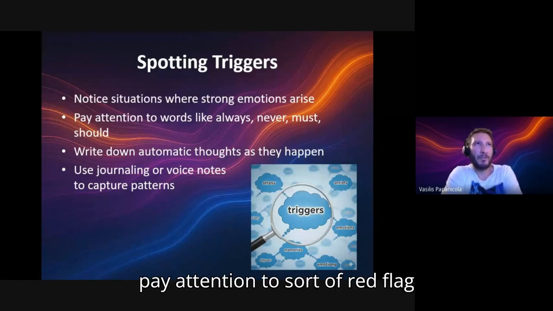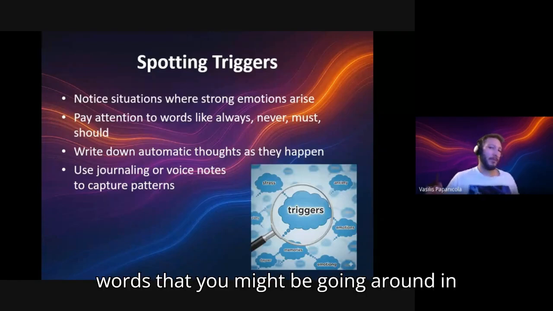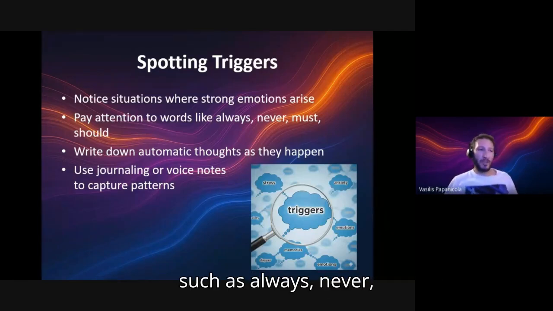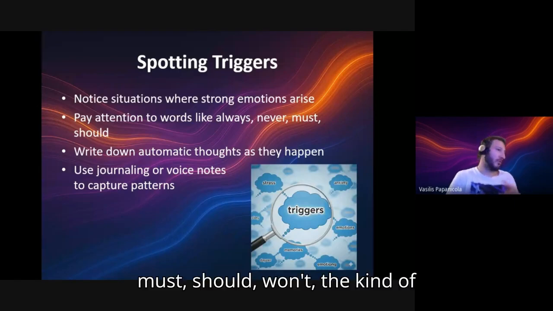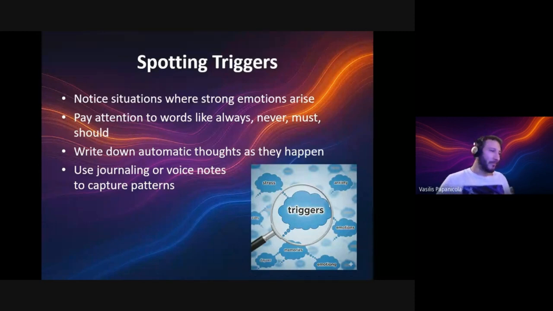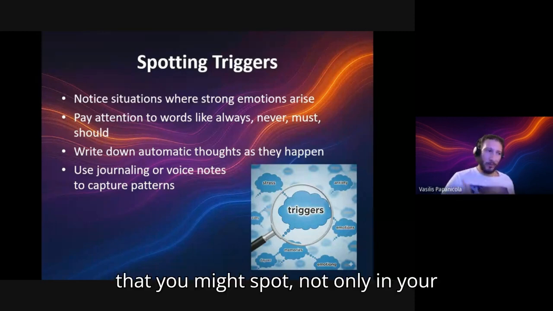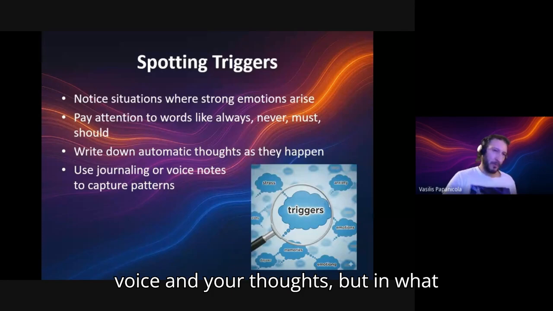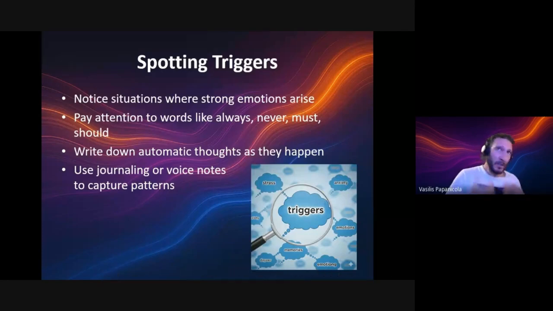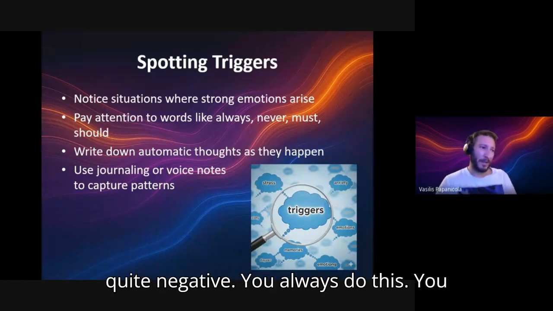Pay attention to red flag words that you might be going around in your head or saying, such as always, never, must, should, won't, the kind of very negative language that you might spot not only in your voice and your thoughts, but in what others are saying as well. That can often trigger us to think, actually, this is quite negative.